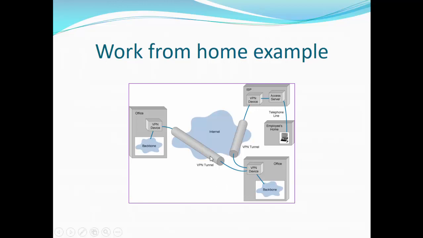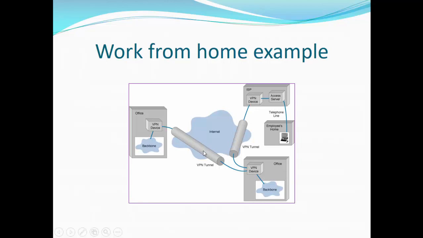Now, the trick is, like I told you, anyone that's floating around in this internet has the ability to look at non-encrypted packets and see whatever it is you're transmitting, basically eavesdrop. So if you use VPN, it's going to create this private tunnel right here. And then anything that goes through that tunnel cannot be seen by the outside world. You'll only be able to see this external part, not the internal part. So in this case, you've got two different connections.